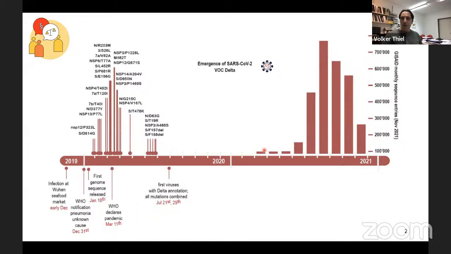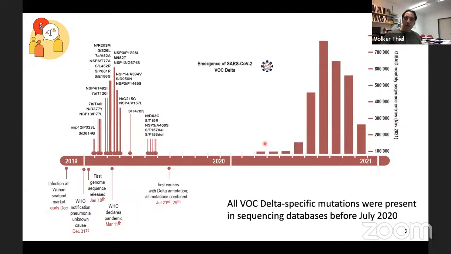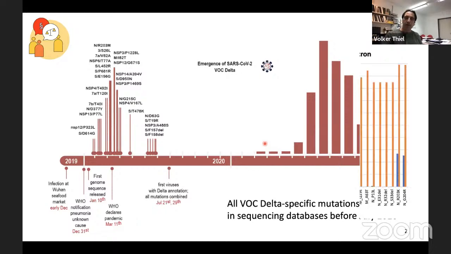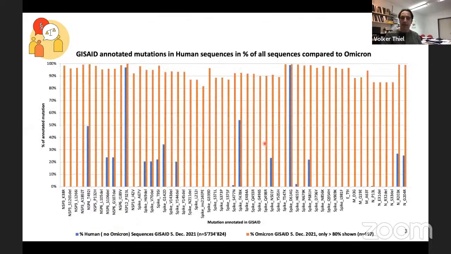You see here the genome entries of the Delta variant that came quite late. And you may remember at the end of 2020, we had the rise of Delta mainly in India. That is very much different if we compare that to Omicron.